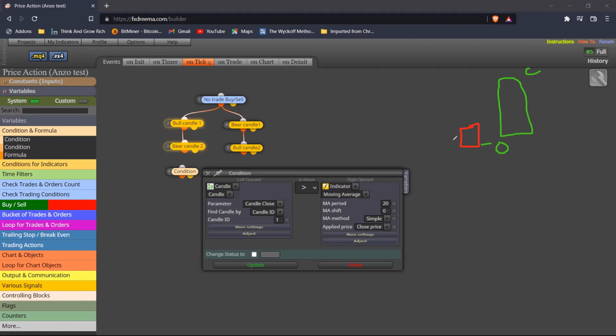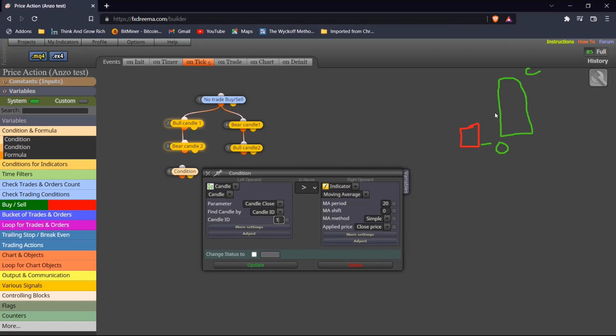I don't know if that makes sense. That's the only logical way we have. That's the simple explanation for an engulfing candle.